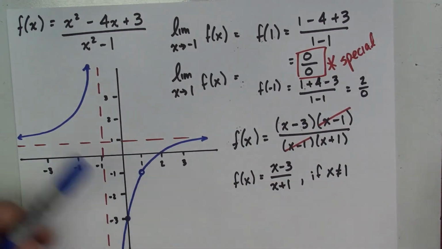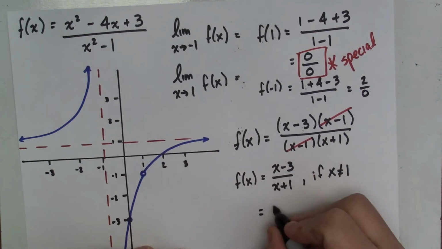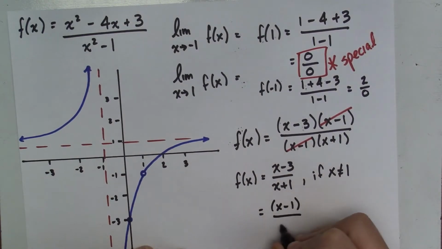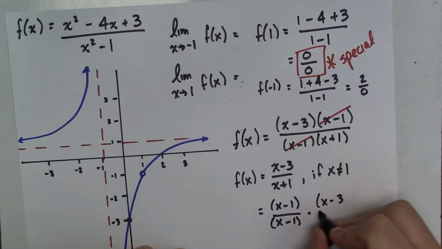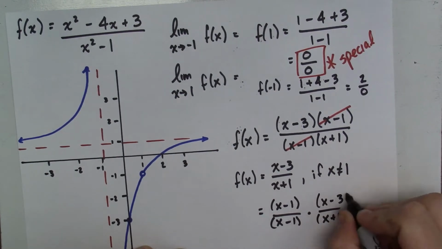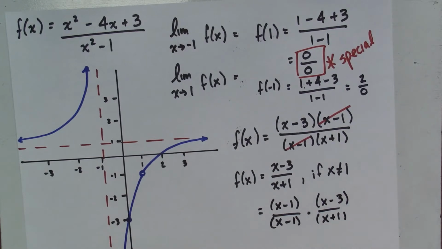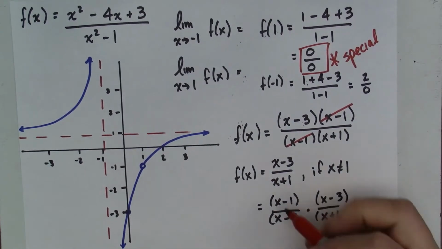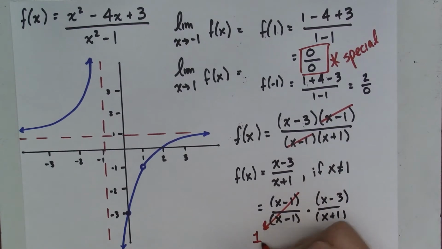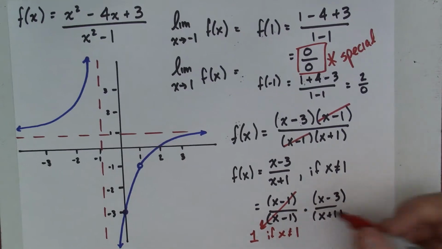what I'm really saying here is I've got x minus 1 over x minus 1 times x minus 3 over x plus 1. Now, as long as x isn't 1, this value is 1. This is just 1 by itself if x is not 1.